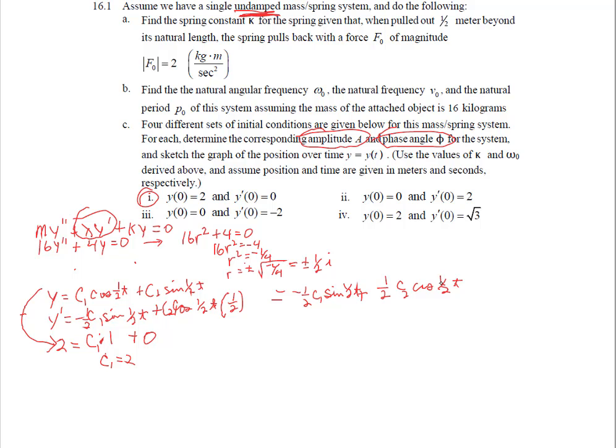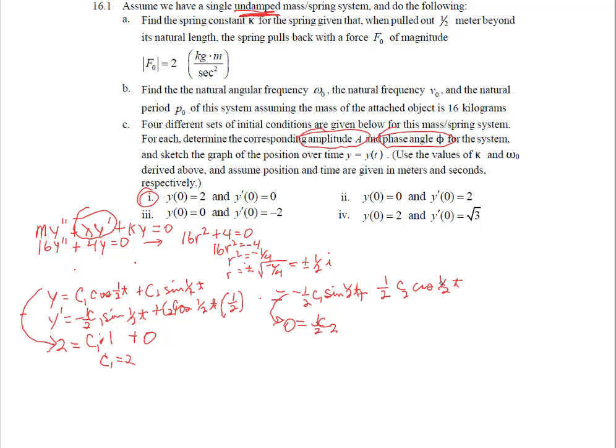And if we use the derivative here, we get y prime, which is 0. Now negative 1/2 sine 0 is going to be 0. Then 1/2 c2 cosine of 0 is 1, so that's just 1/2 c2.